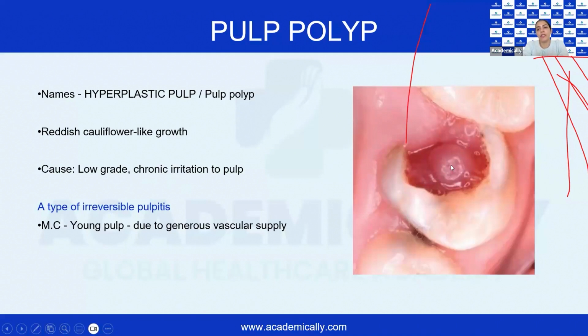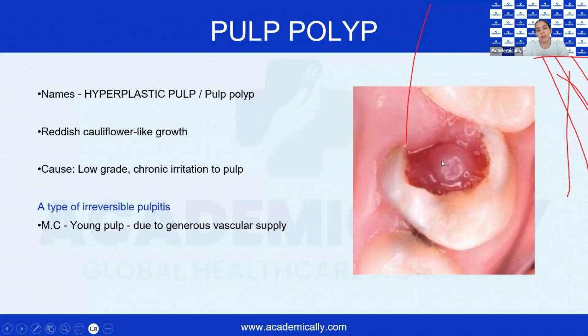Otherwise, the patient can see this kind of thing in their mouth, but they would not visit the dentist, even if it is a chronic condition, because it is less painful. The innervation is already dead, much of it. What it is, is a lot of vascular tissue. Blood is here. Also, sometimes it may become painful later on.